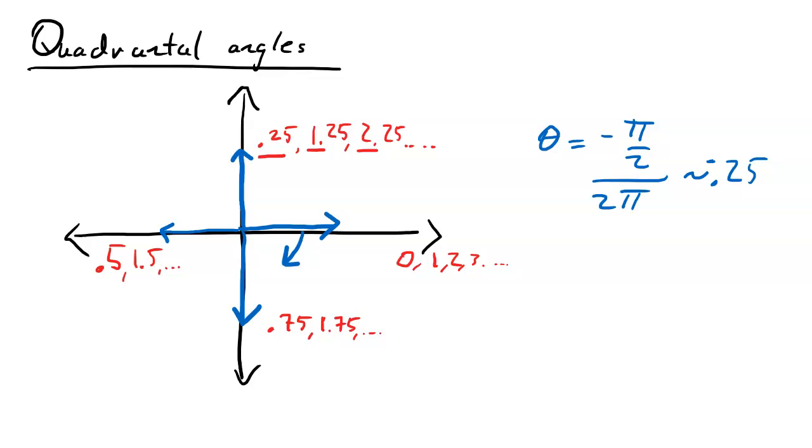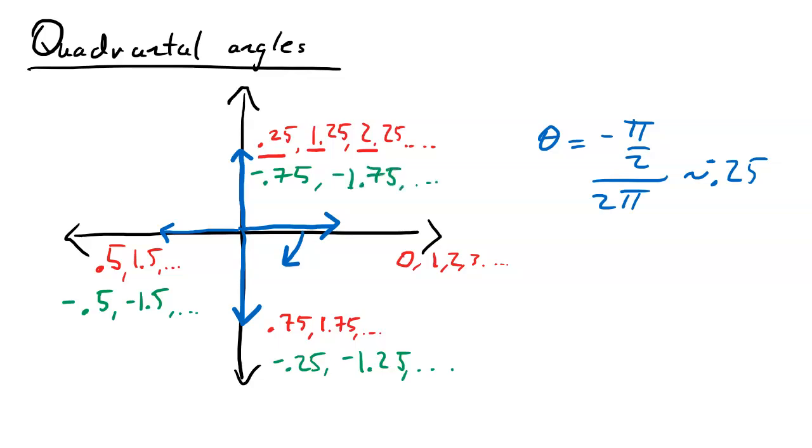So the negative angles are going to be minus 0.25, minus 1.25, and so on for the positive y-axis. It'll stay the same for the negative x-axis, and the negative y-axis will swap with the positive y-axis, negative 0.75, negative 1.75, and so on.